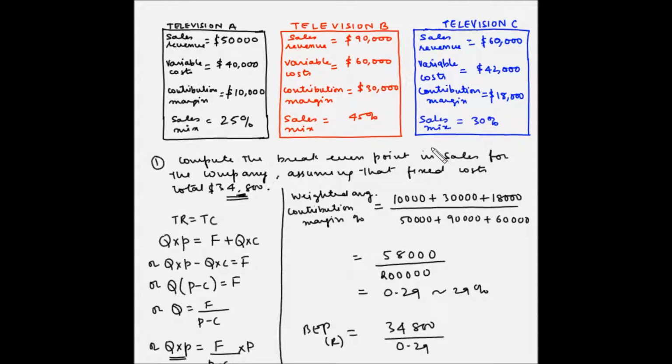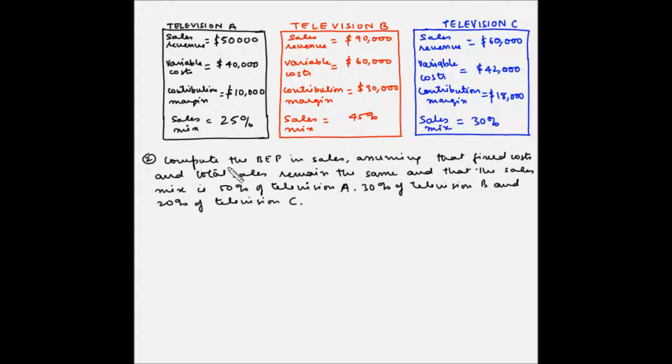Now let's move to the next part, which is part number 2. So the second part is to compute the break-even point in sales, assuming that the fixed costs and the total sales remain the same, and that the sales mix is 50% of television A, 30% of television B, and 20% of television C. So basically the total fixed cost was given to us as $34,800, which is the same, and the total sales is 50,000 plus 90,000 plus 60,000, which is $200,000.